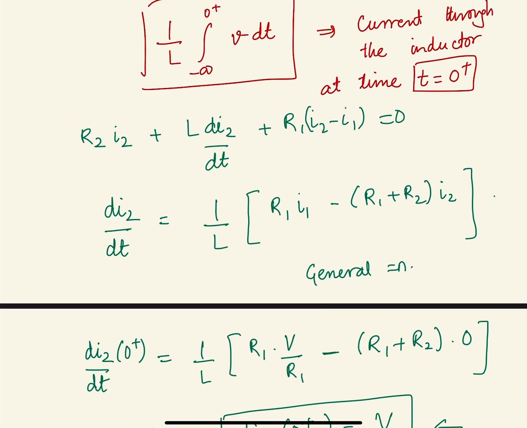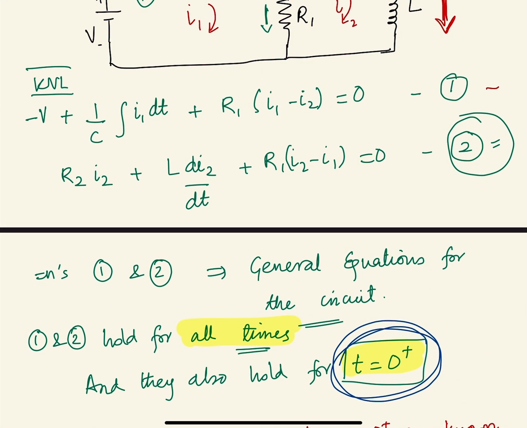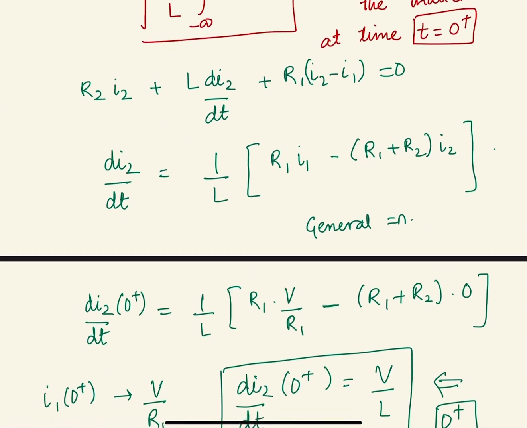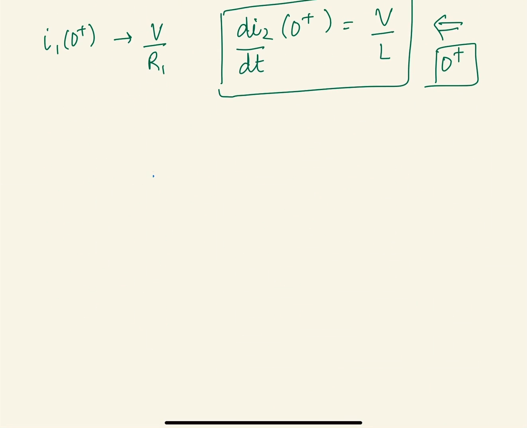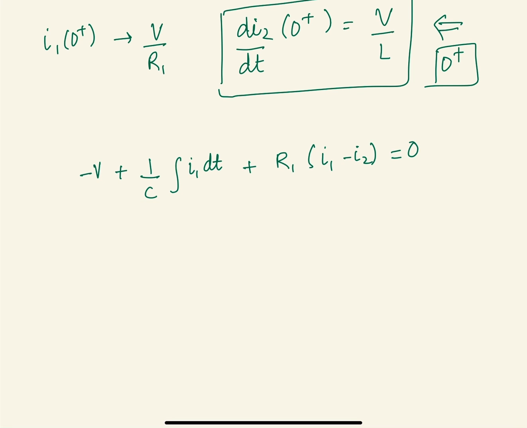Now, let me take the first equation that we did earlier, this equation. Let me copy it and paste it over here. This equation does not have any derivative, and we usually don't solve equations with these integrals.